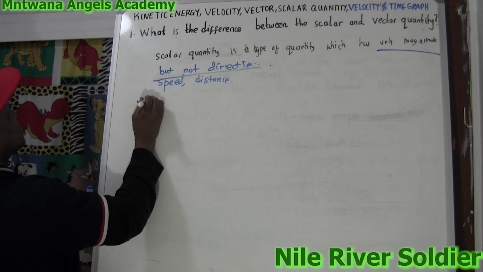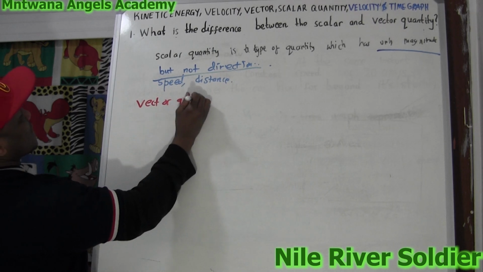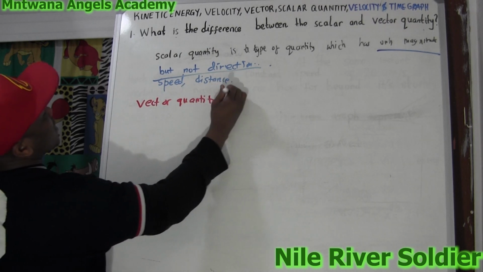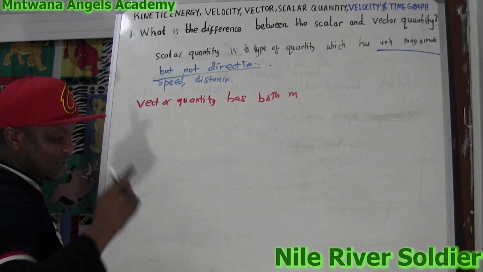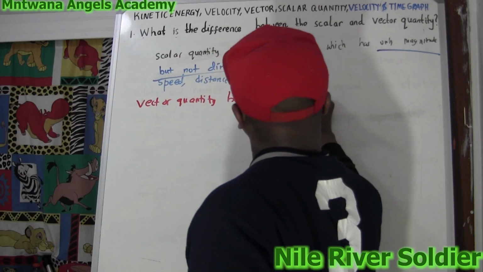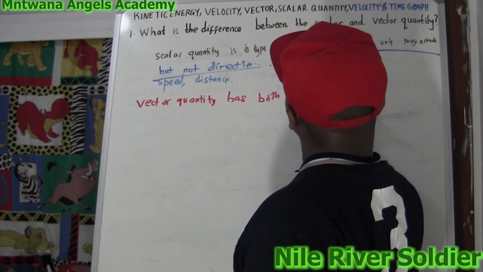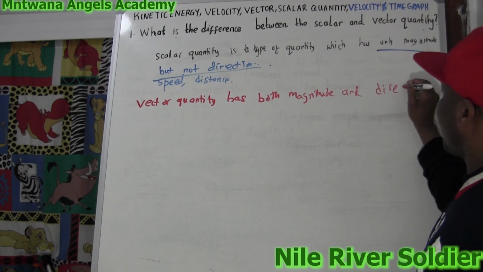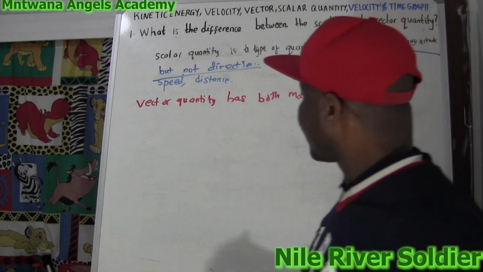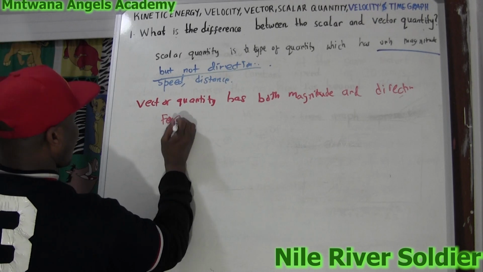So a vector quantity has both magnitude and direction. A good example is force. Why?